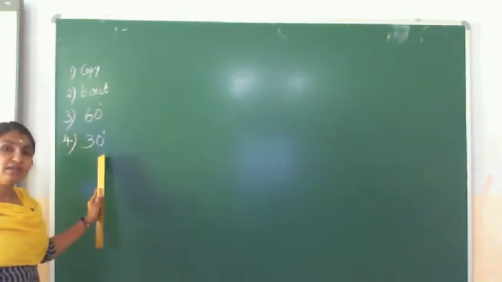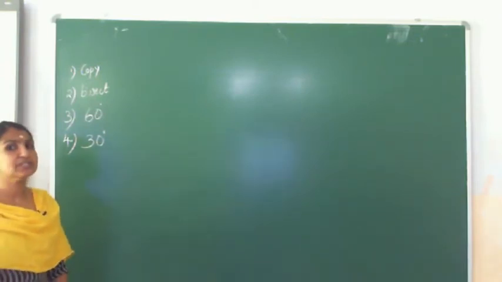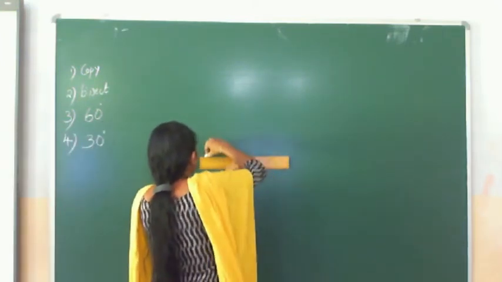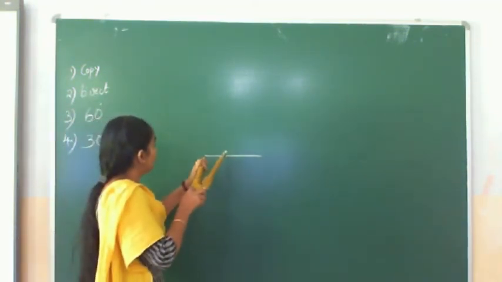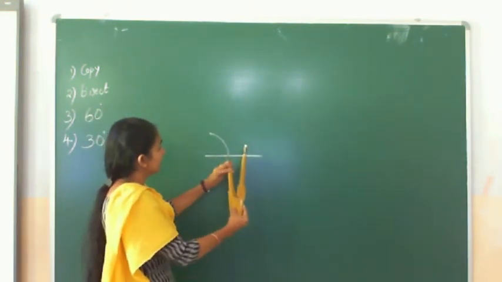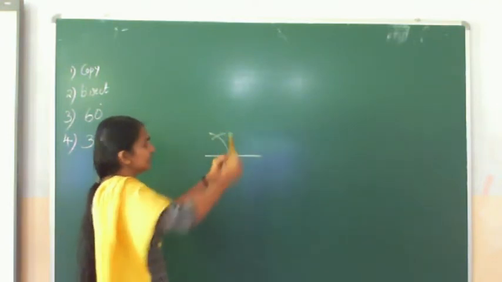To draw a 30-degree angle, first we want to draw a 60-degree angle with ruler and compass. Don't do it with your protractor. So the same process we are going to do. First, a line segment. After drawing the line segment, take this point, draw the arc with the same radius. At this point we have to keep our compass, and it intersects.